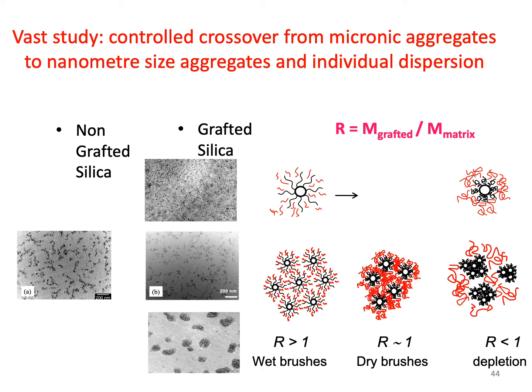They remain dry, and so they do not repel, and you get these very big lumps which you see at the bottom. In the middle of the three micrographs, you see behavior which is very close to the one on the left-hand side, which is the one for non-grafted silica.